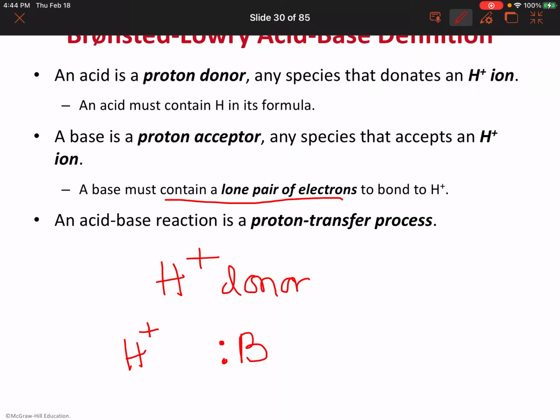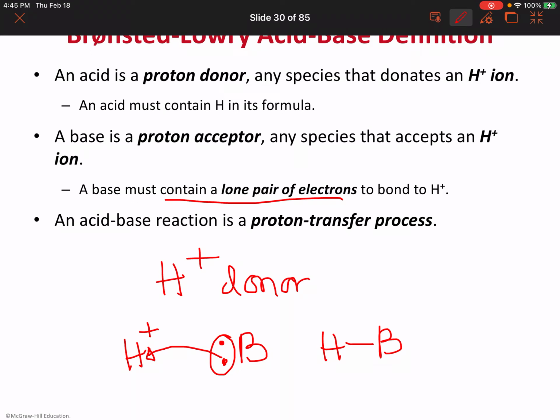It doesn't have electrons. So the base should have a lone pair, meaning 2 electrons. That is what is needed to make a bond. So these 2 electrons are given to the hydrogen ion, and with the 2 electrons it can form a bond, and that is considered a base.